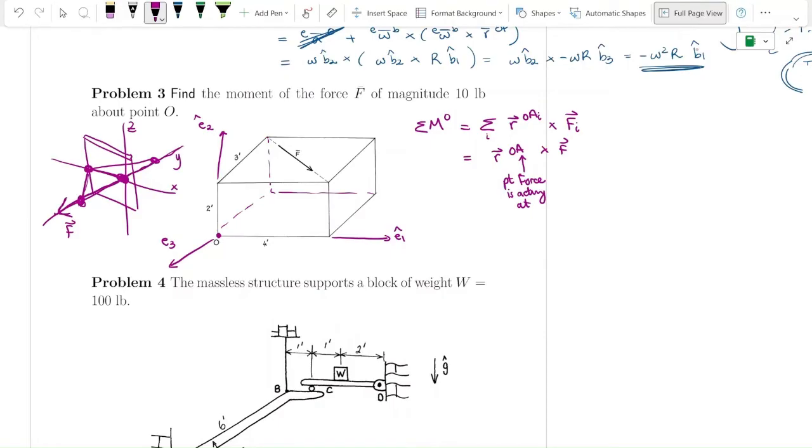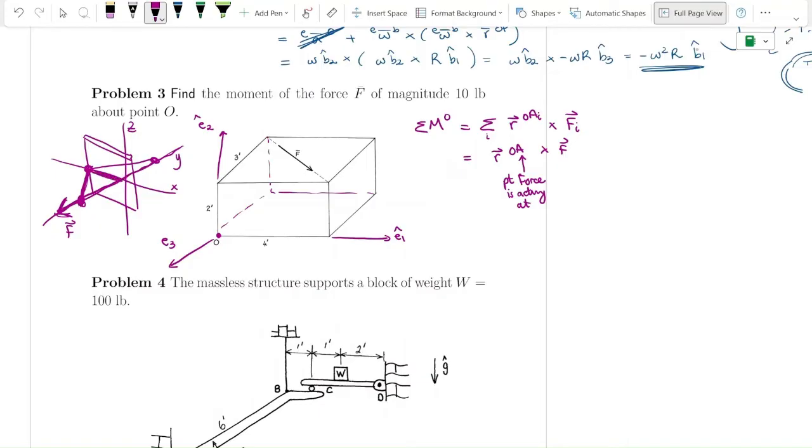And this is because when you take the cross product, you're just finding the vector that is perpendicular to R and F, right? That's kind of how you can think of the cross product. So the moment really only cares about the part of the lever arm that is perpendicular to the force.